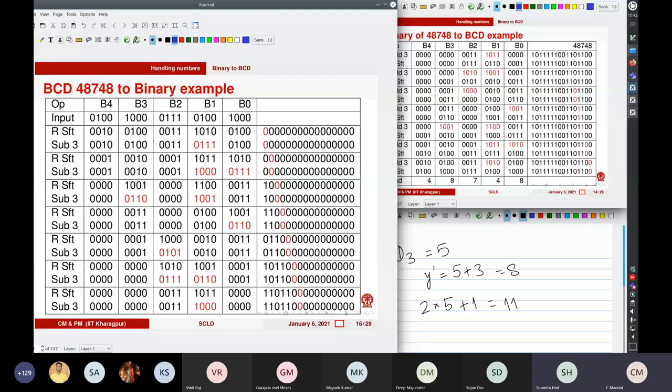No, in step 3, B1. I'm just calling these big ones steps. You're talking about the second step, this one? Yes, sir. So here, as you can see, in these two cases the value is greater than or equal to 8, so we are doing a subtraction.